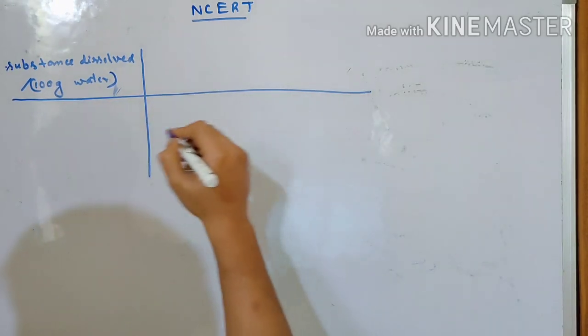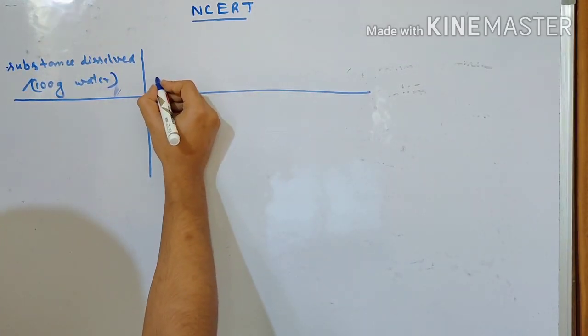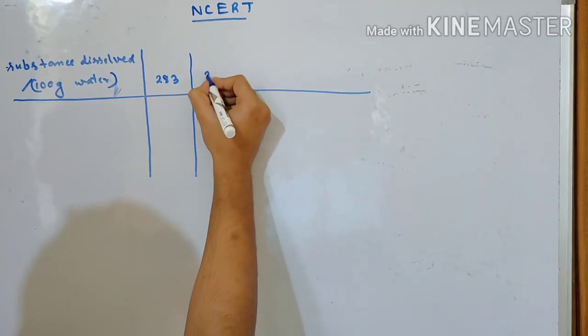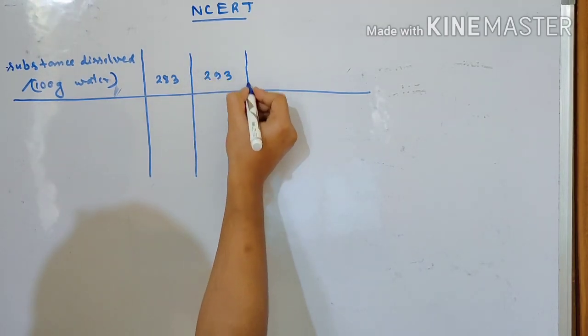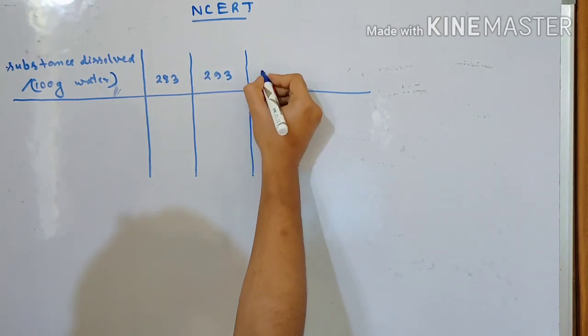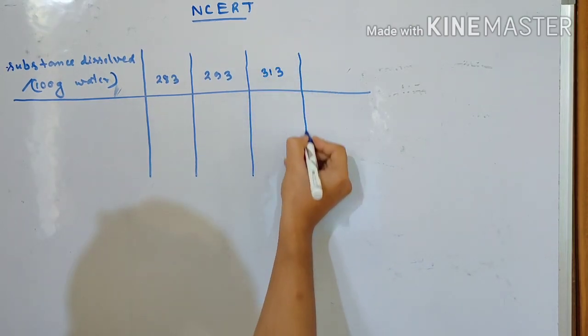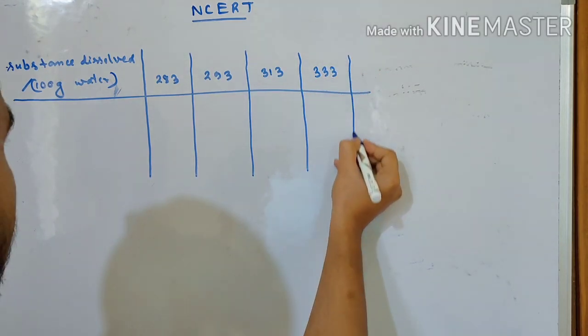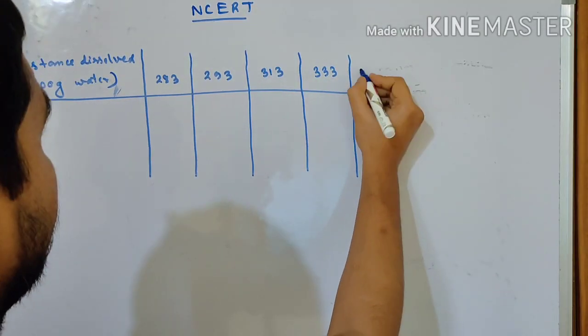And here the temperature has been given, it's 283, then we have 293, then 313, then 333, and then 353.